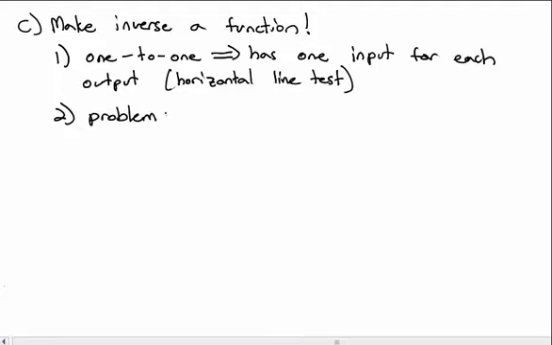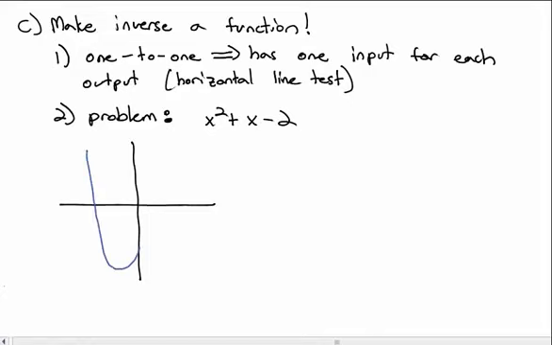Let's consider a graph like x squared plus x minus 2. If we were to graph this guy, a rough sketch of what it would look like would be something like this. There's a point over here at -2, 0. There's a point over here at 1, 0. And there's a point down here at the bottom that's -1/2, -9/2.